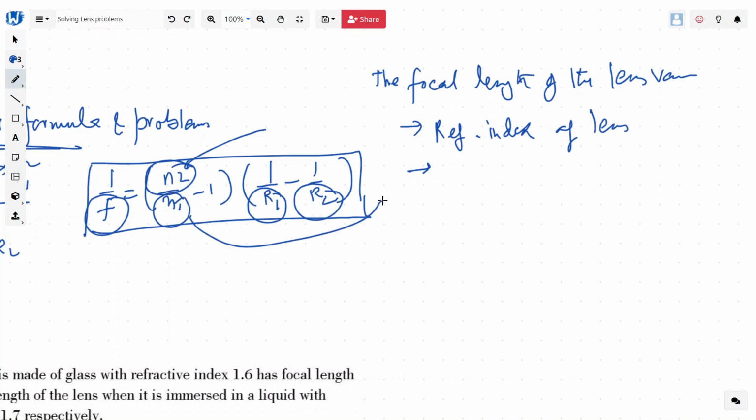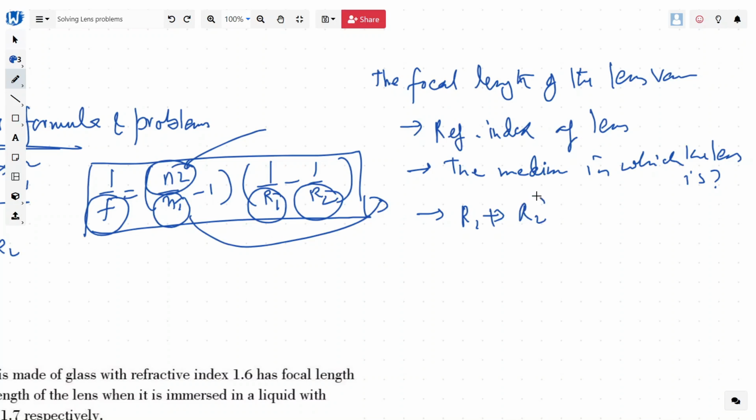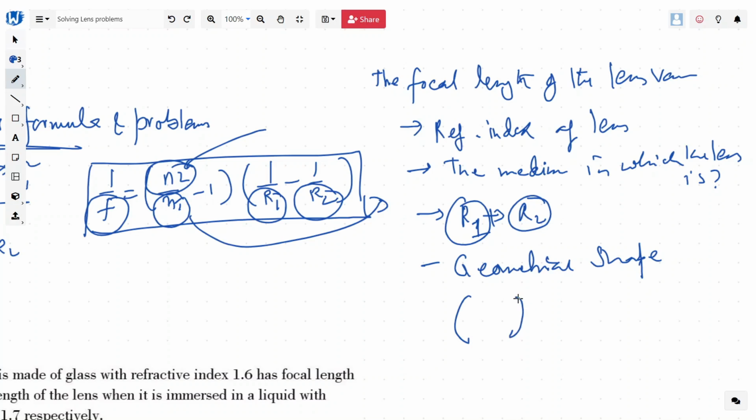Secondly, the medium in which the lens is, and also on the R1 and R2, right? So depending upon R1 and R2 and their signs, so their geometrical shapes. Is it a convex or a concave, right? So R1 and R2 can change accordingly with the sign convention.